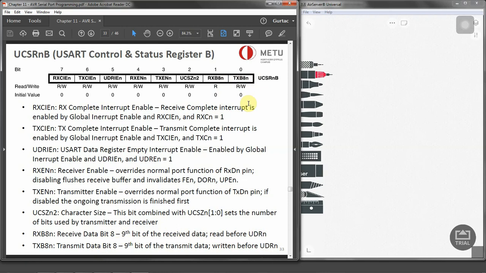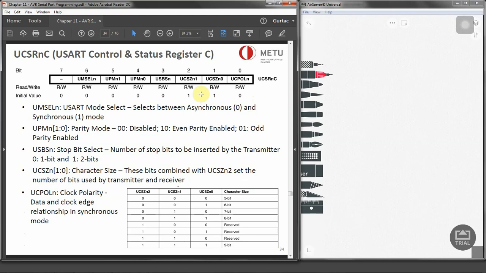The last register that we are going to consider is the UCSRnC, and over here we can select the USART mode, so asynchronous or synchronous. The parity mode, even parity or odd parity, can be set in UPMn. And USBSn, stop bit select, is the number of bits to be inserted for the stop bit. These can all be configured in the control register. And of course the character size, as we already said.